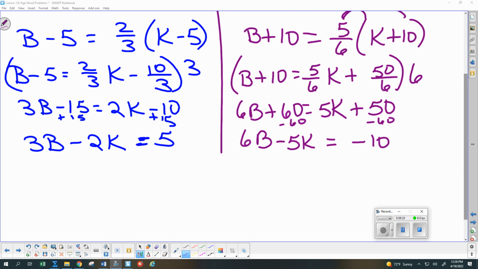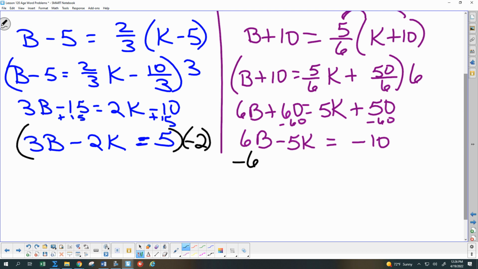So how did you do elimination? Nothing's ready to eliminate just yet. Right, but how did you get something that'll cancel? So if we take this times -2, a negative 6b plus 4k is negative 10.